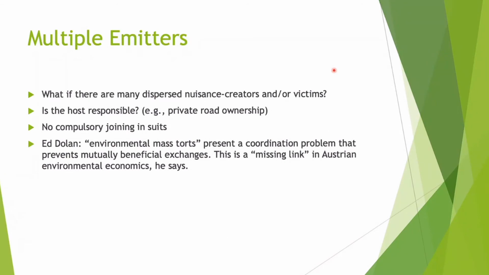And he suggests that there is a role for the state in trying to handle these environmental mass torts. It's beyond the ability of this short talk to deal with all of those issues in what Dolan has said. I think that was in the same volume 17 of the QJAE, and that's something that I've recommended that students read as well if they're interested in going further with that.